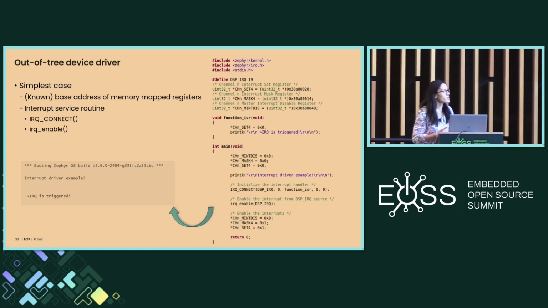We know its base address. We know the interrupt number. We use the Zephyr interrupt API to enable the interrupt and to register the handler. And what we do is just trigger an interrupt to test that the ISR is called. And you can see here on the left that our interrupt is triggered. That's the console output.